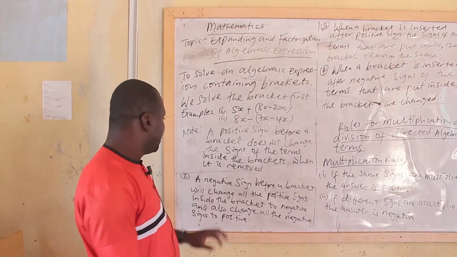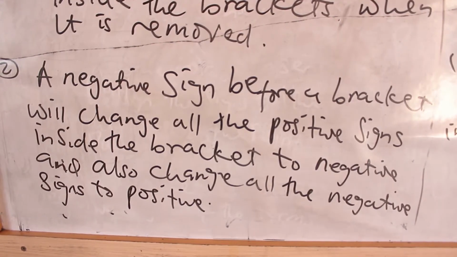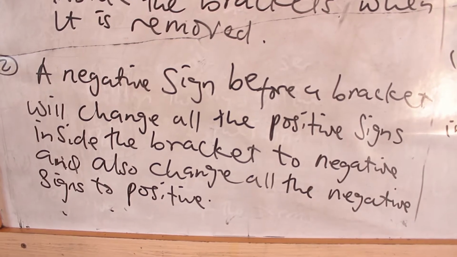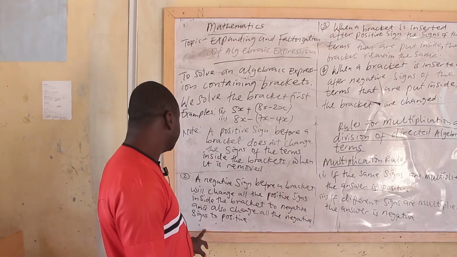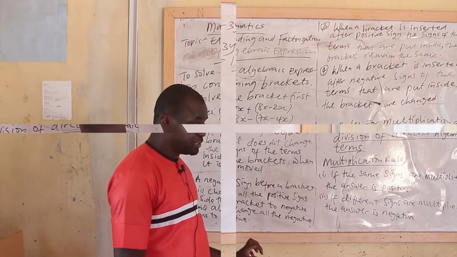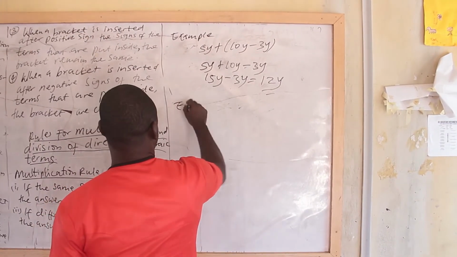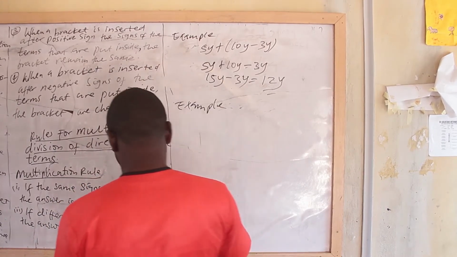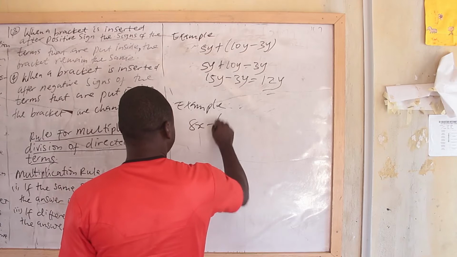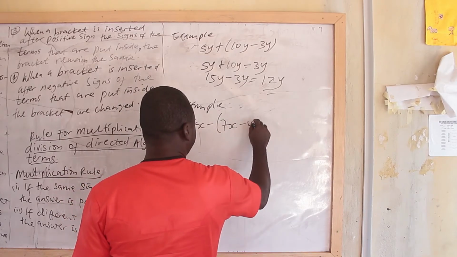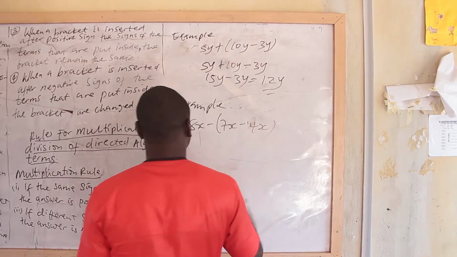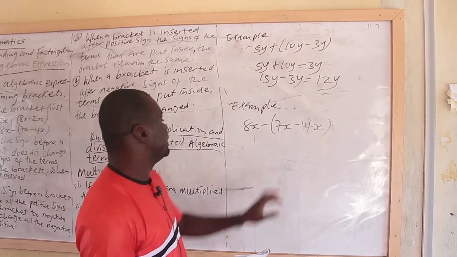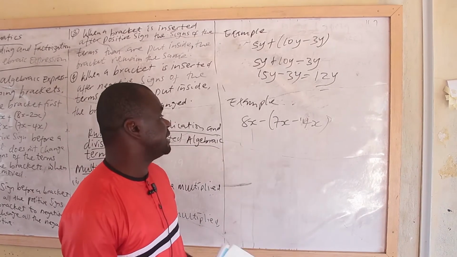For rule 2, a negative sign before a bracket, we change all the positive signs inside the bracket to negative, and also change all the negative signs inside the bracket to positive. For example, if we have 8x minus 7x minus 4x, the 7x minus 4x is inside the bracket.